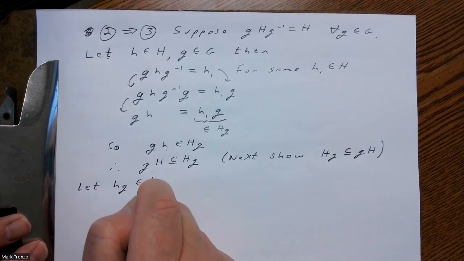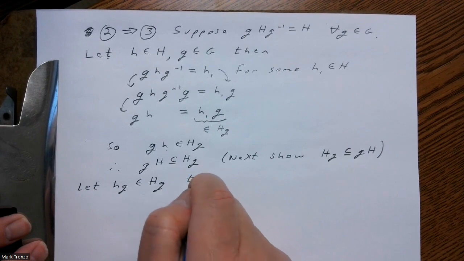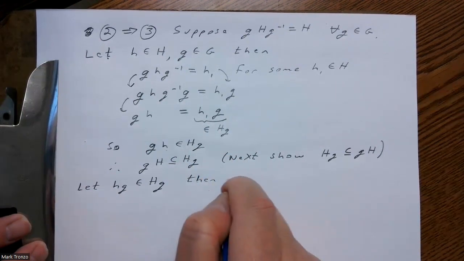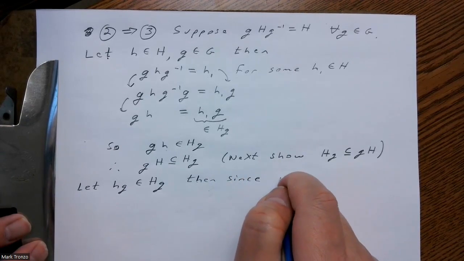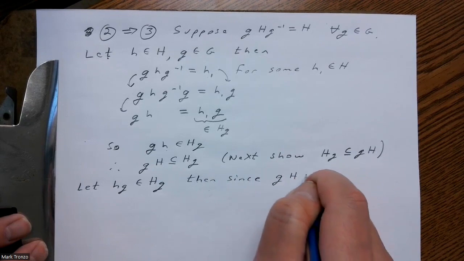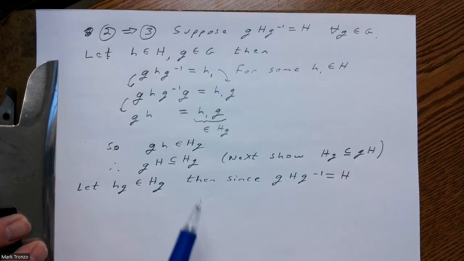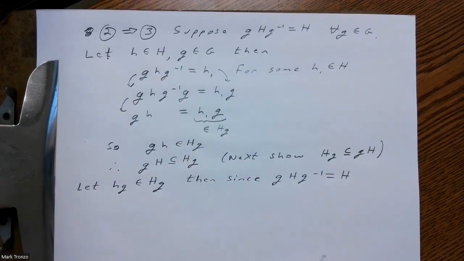HG be in capital HG. Then since G H G inverse is equal to H, remember that was what we're supposing. We're supposing 2 is true.